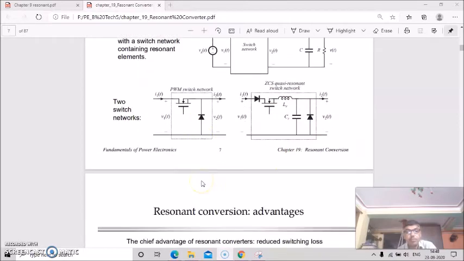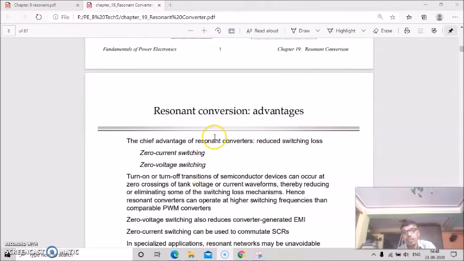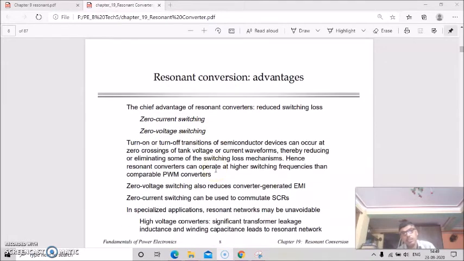Resonant conversion has advantages as well as disadvantages. The chief advantage of resonant converters is reduced switching loss, through zero current switching and zero voltage switching. Turn-on and turn-off transitions of semiconductor devices can occur at zero crossings of tank voltage or current waveforms, thereby reducing or eliminating some of the switching loss mechanisms.